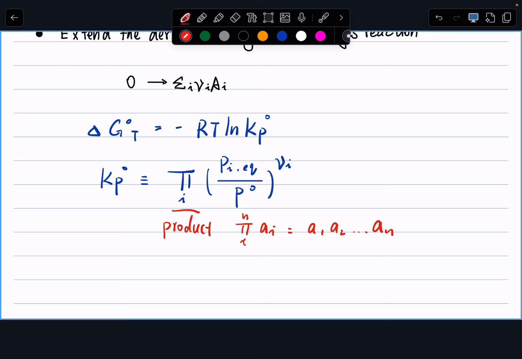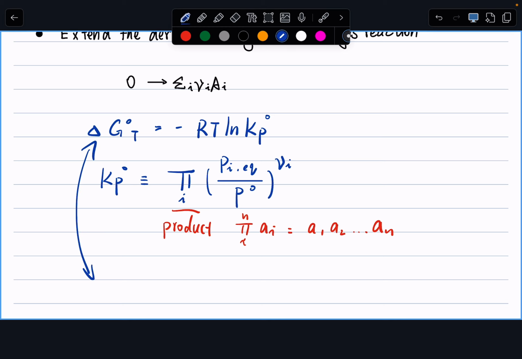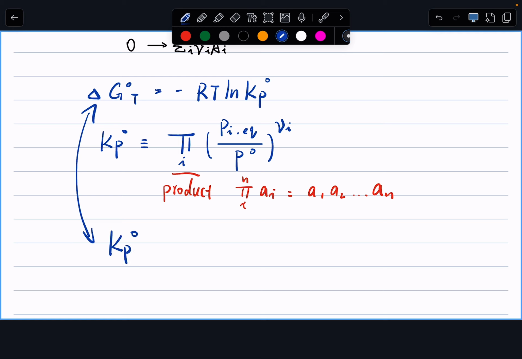All right. And also, thinking about rewriting it, what if we want to write your equilibrium constant as a function of delta G? That's effectively the same as writing your Kp naught equals the exponential of negative delta G naught divided by RT.